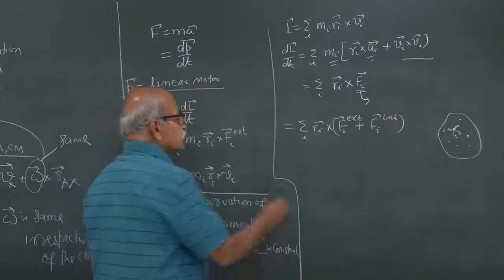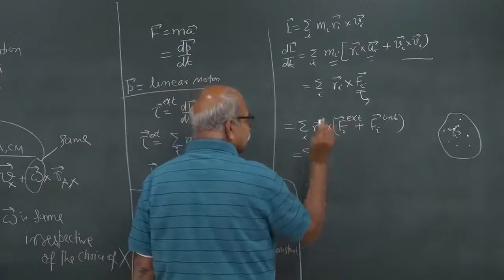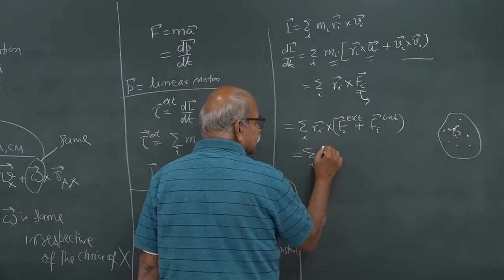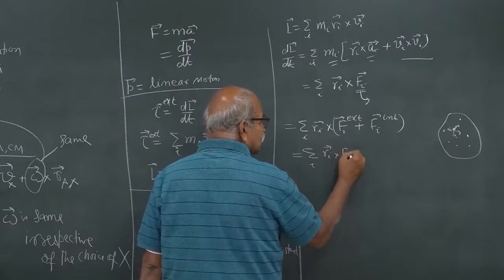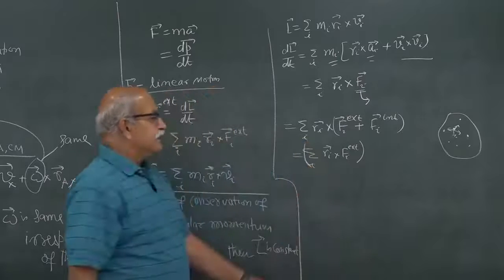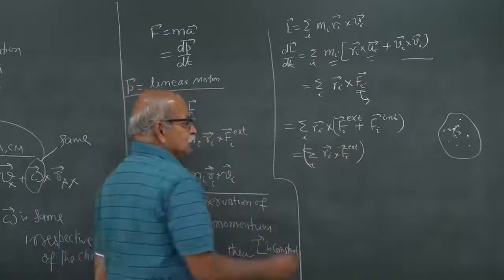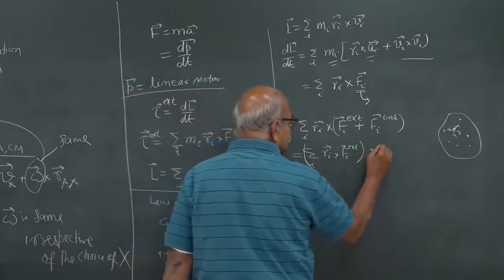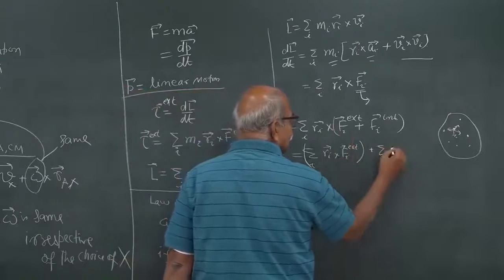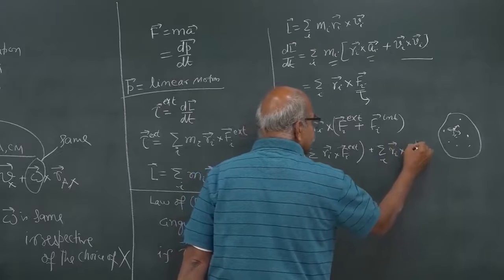And this is the summation over i. So, r_i cross F_i external, this is one part. This is the external torque, that external torque that I am writing here, but then there is another term, the summation over i of r_i cross F_i internal.